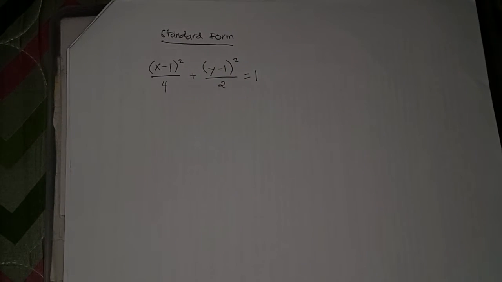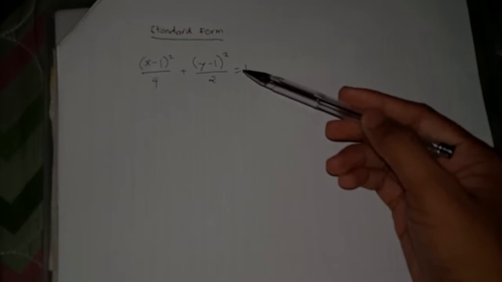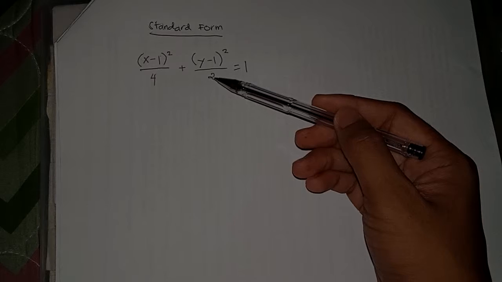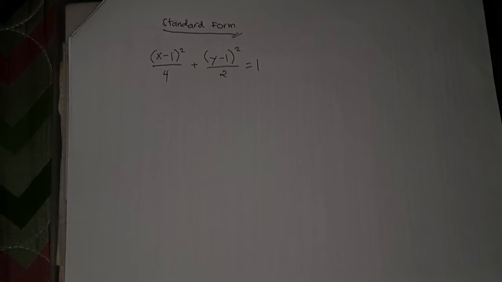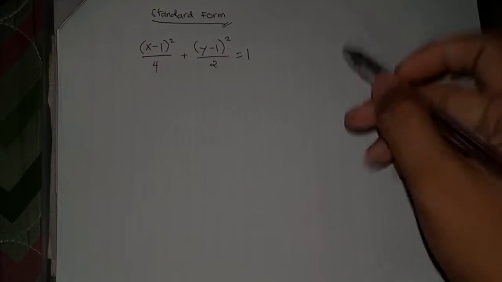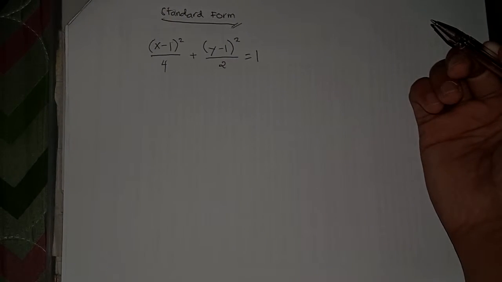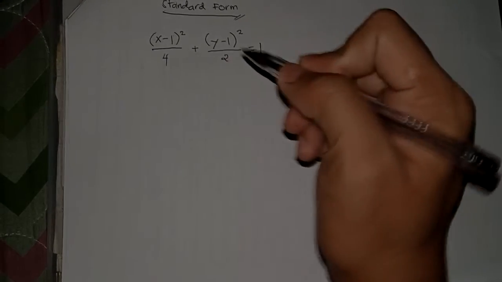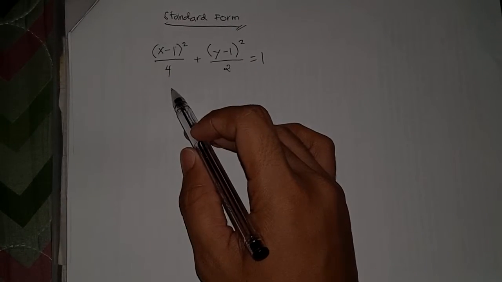So now let's have another problem. As you can see, here we have an equation which is written in standard form. What we are going to do now is translate this into general form. First, to translate this into general form, we have to find the least common denominator.